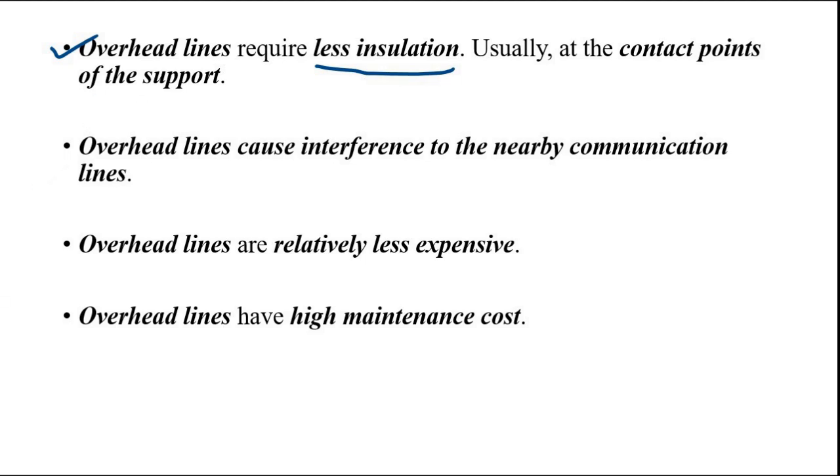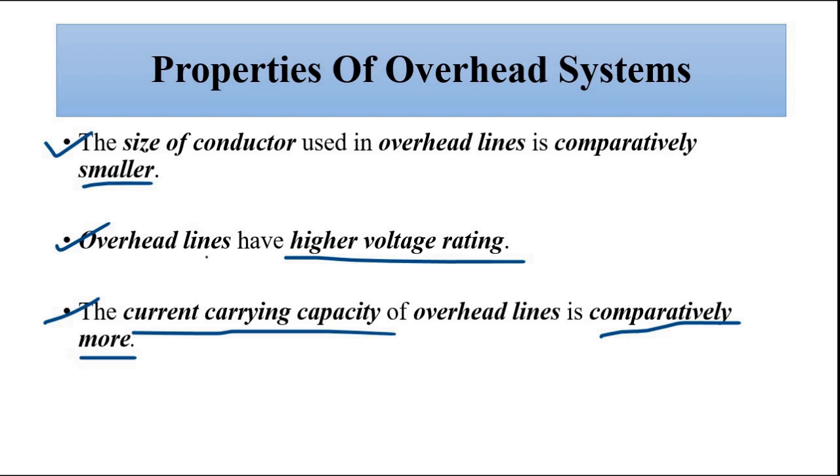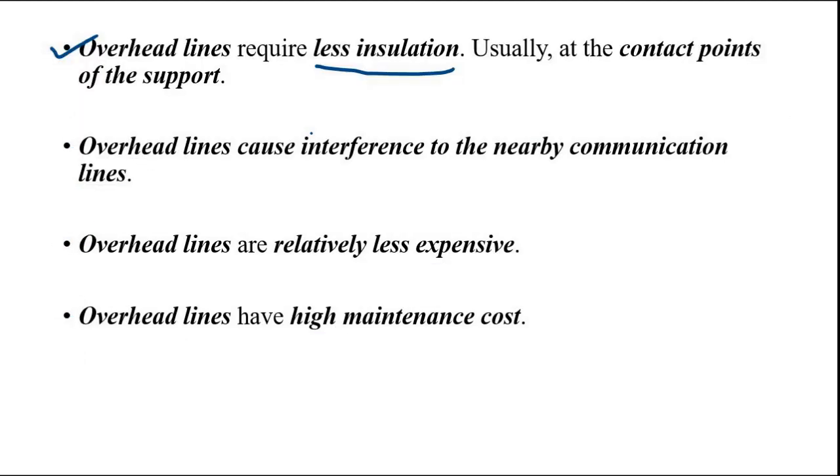So far what we have discussed are from the advantageous point of view, but there are some demerits also. First, the overhead lines cause interference to the nearby communication lines. The communication line systems which are used can suffer interference due to overhead lines, which affects the efficiency of both communication systems and power supply systems.